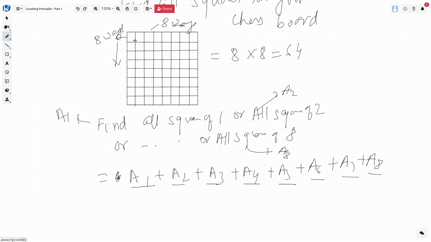Now let's take the squares of 2, right? Find how many horizontal squares of 2 can be formed. If you count it properly, the first one will be like this, the second one can be like this, and the third one will be like this.